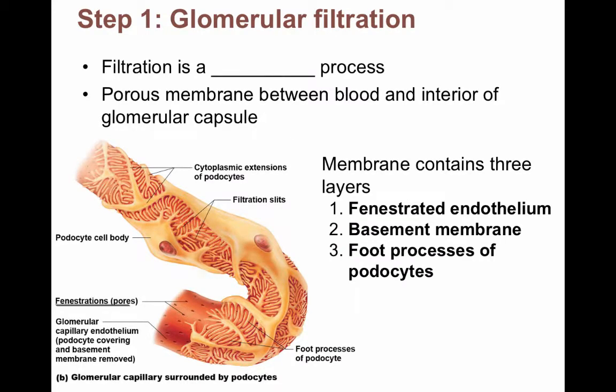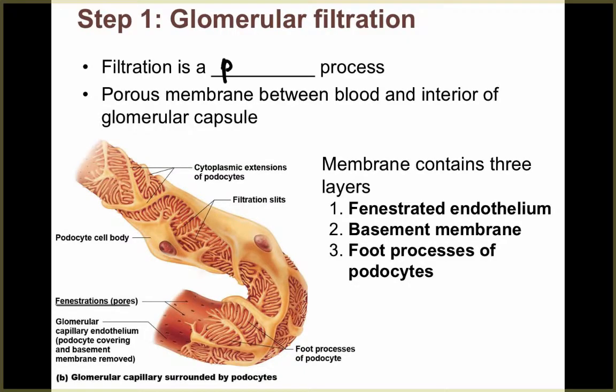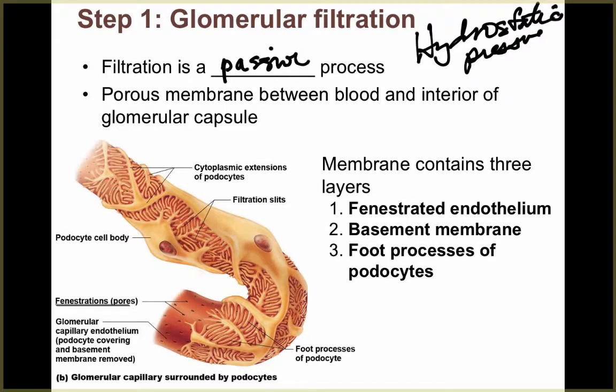So this glomerular filtration is a passive process. It doesn't require metabolic energy. And what's happening here is all dictated by hydrostatic pressure. You can remember when we talked about that last term, right? Basically, hydrostatic pressure forces fluid and solutes through the membrane because of the pressure, into the glomerular capsule, which is essentially the Bowman's capsule.